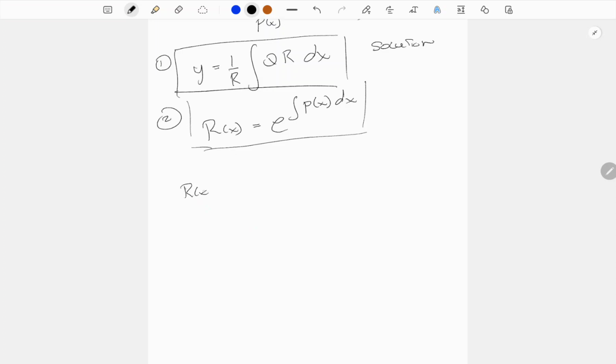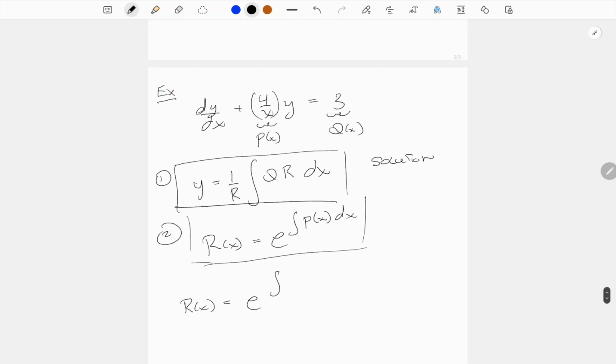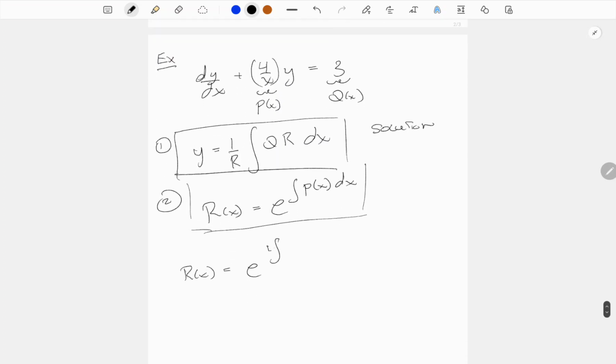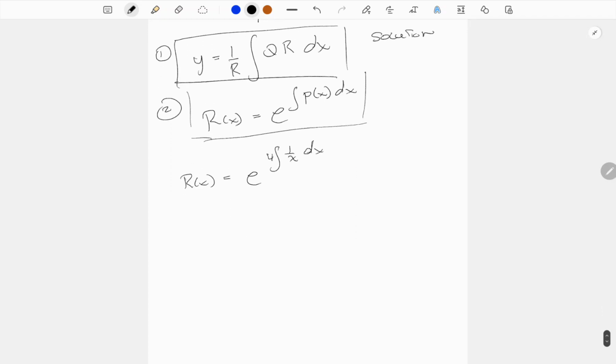So r of x equals e to the integral, and what is it? It's 4 over x, so basically I have 4 times 1 over x dx. What is the integral of 1 over x? It's ln. Now again, I can ignore the plus c because r of x is going to multiply both sides of my equation.